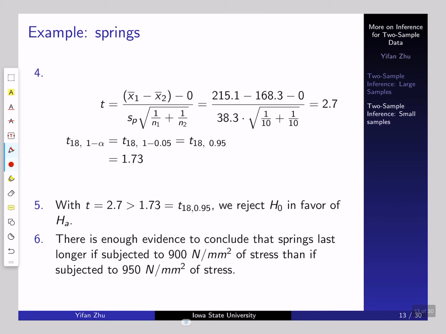Plugging everything into this formula, this is the observed test statistic. The critical value we chose is 1.73. So the observed test statistic is greater than this critical value, and we can reject H0 and conclude HA.